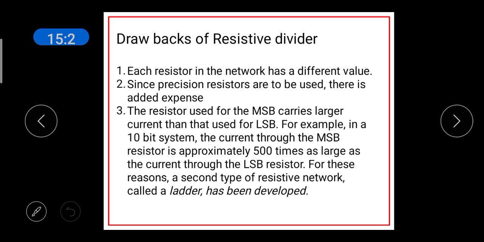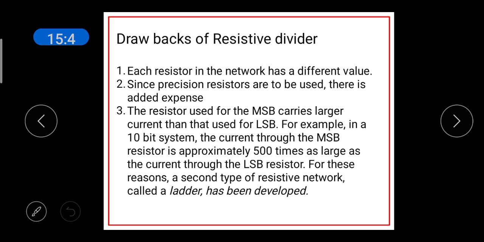For example, in a 10-bit system, the current through the most significant bit resistor is approximately 500 times as large as the current through the lowest significant bit resistor. For these reasons, a second type of resistive network called a ladder has been developed.